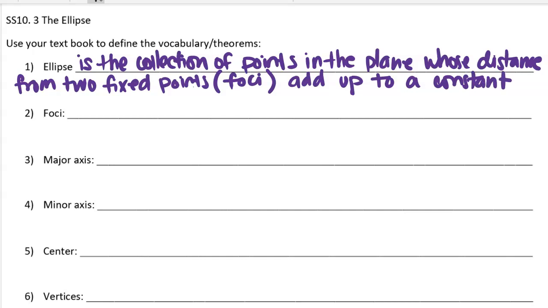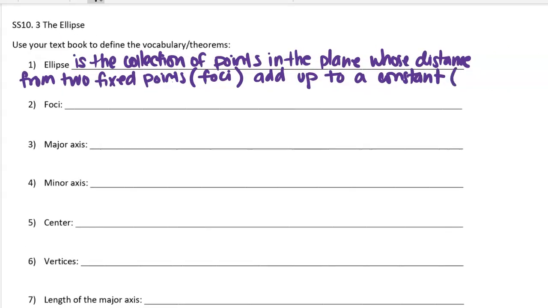And just like our low-tech demonstration, what is that one constant number? How long is that one constant number? How many A's? 2A. Yep, 2A.